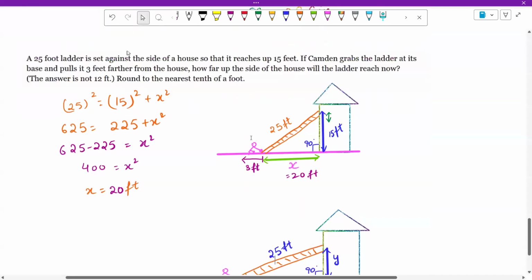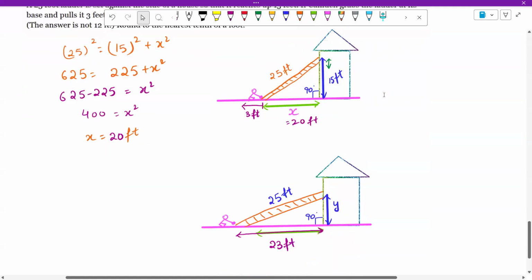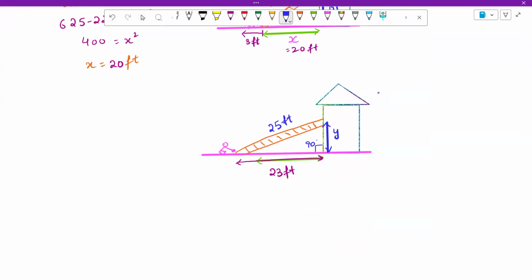Now they want us to find out how far up the side of the house the ladder will reach now. So what is the height now? They want us to find out. What can we do now? We do the Pythagorean theorem. Perfect. So again we got hypotenuse, which is 25 squared, base, which is 23 squared, perpendicular, which we don't know about, y squared.